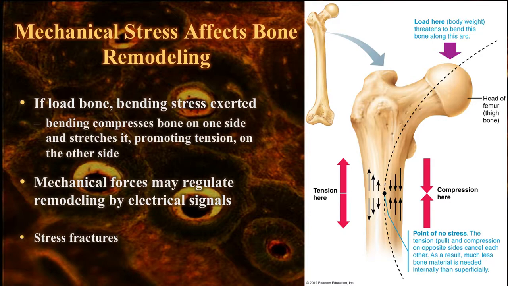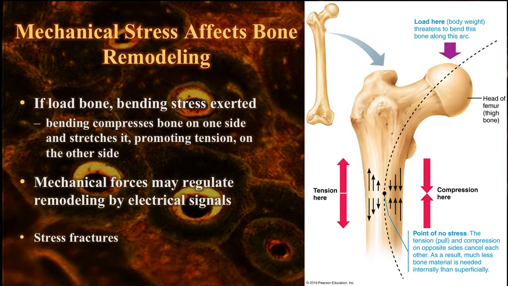And then as it bends, there is a way that the cell picks up that information that the bone has been bent, and it will know where to thicken the bone to make it stronger to withstand that bending. Okay? So bending compresses bone on one side. Okay, so if we put force over here, it's going to bend the bone this direction. It compresses here, and it stretches it, and has tension on the other side.